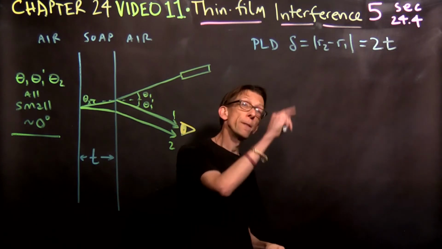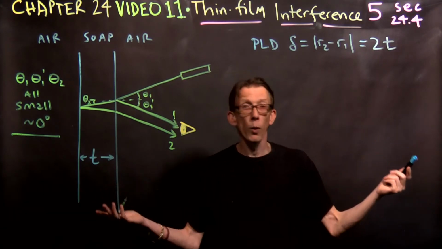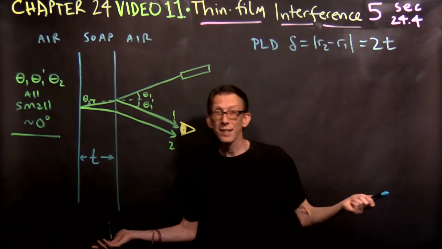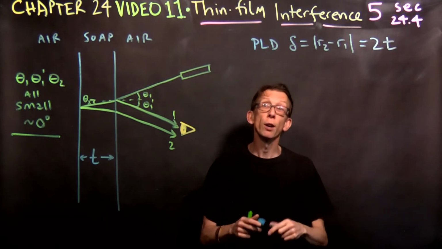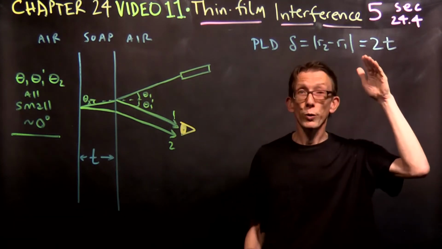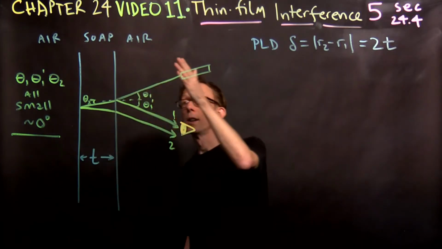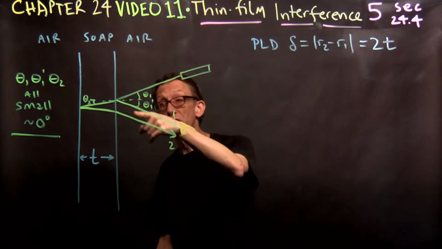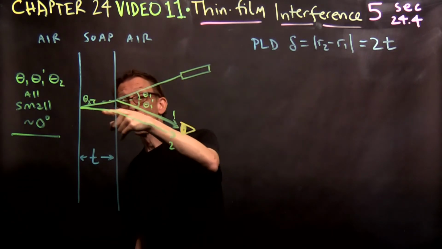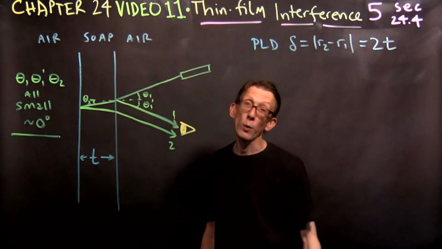So for thin film interference, the path length difference is not what it was before. It was d sine theta back in Young's double slit experiment. But here, the path length difference is equal to twice the thickness of the soap film, because ray 2 has traveled 1t, 2t further than ray 1.